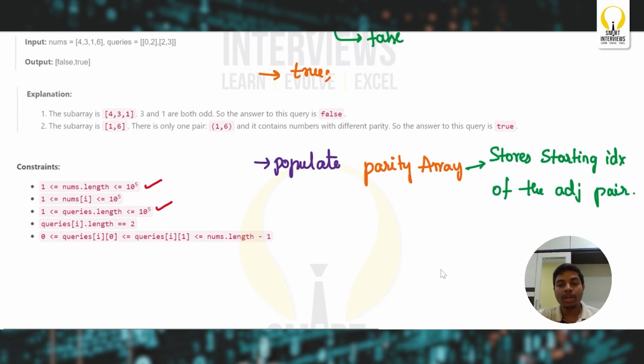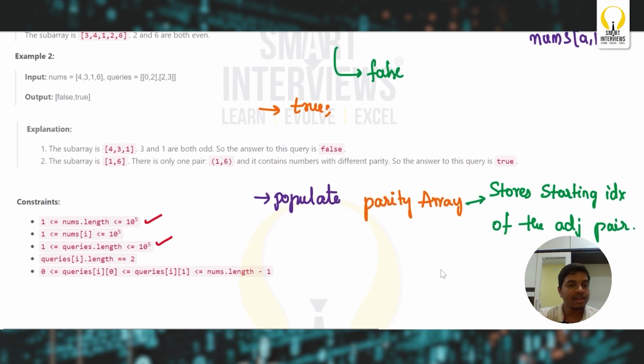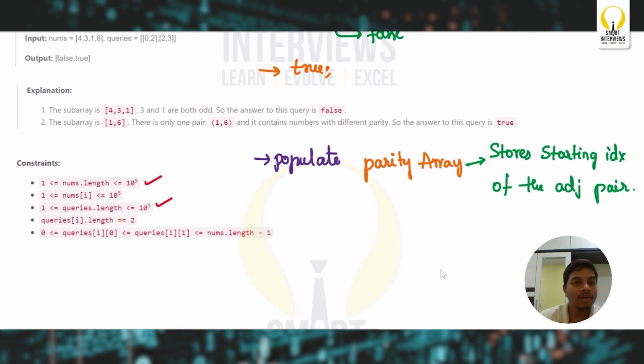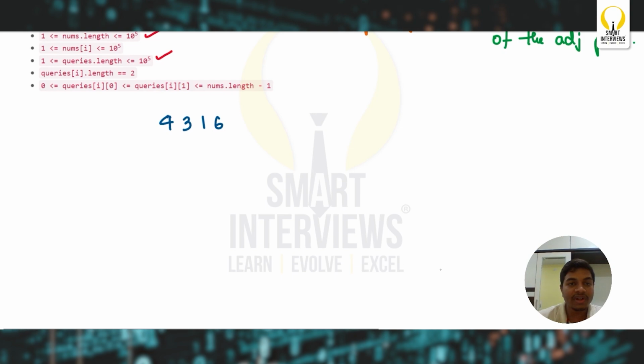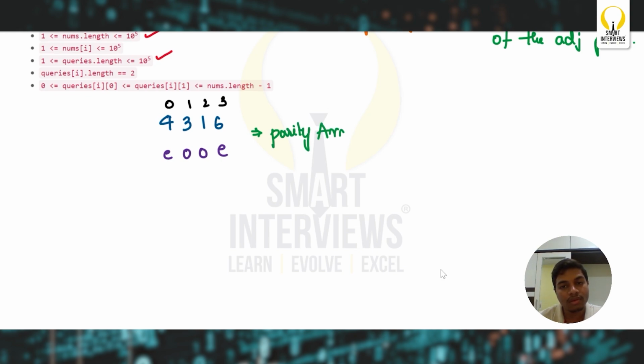Okay, let us try to implement this logic on an array. Let us take the second example: 4, 3, 1, 6, with indices 0, 1, 2, 3. So this is even, odd, odd, even. So I'm going to populate this parity array, which looks something like this.